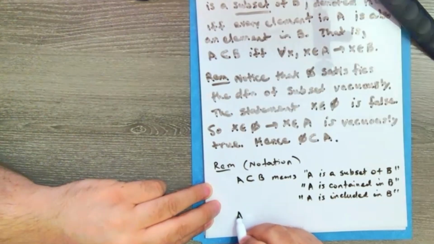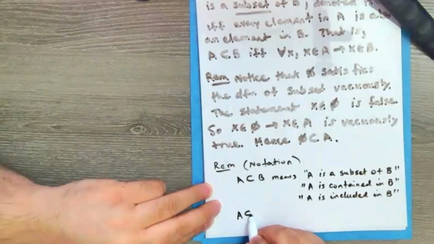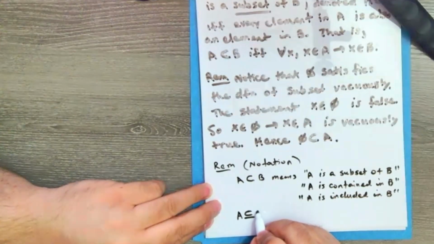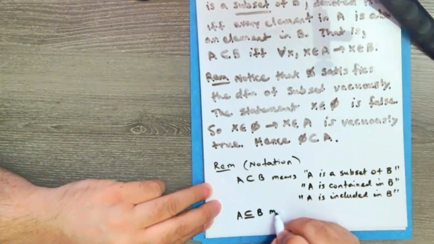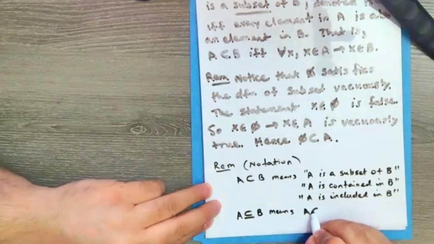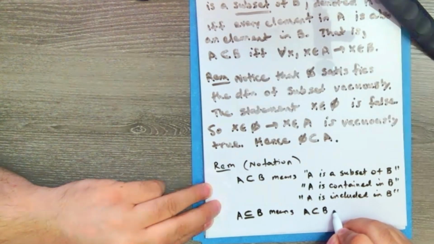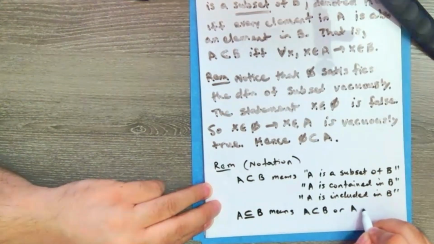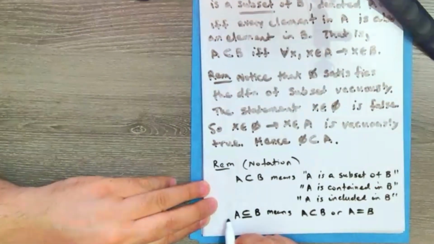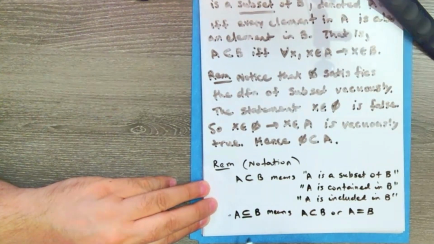This notation, subset or equal to B, means that either A is a subset of B or A is equal to B. So from this point forward, this is the general notation that I will use for a subset.